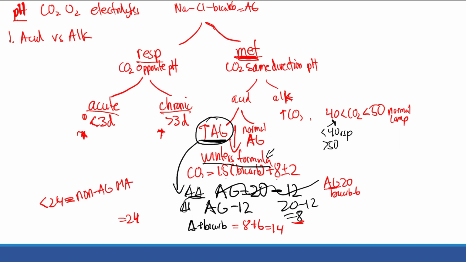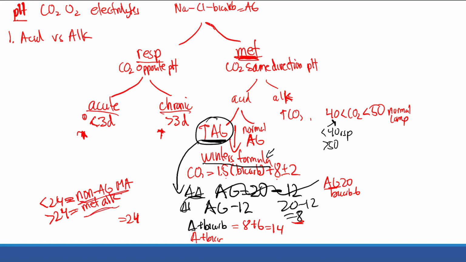If your delta plus bicarb is greater than 24, what does that mean? It means that you also have a metabolic alkalosis, and this metabolic alkalosis is causing you to have a little bit more bicarb than you would expect. You're not going to have more bicarb than normal, but it's more bicarb than you would expect.